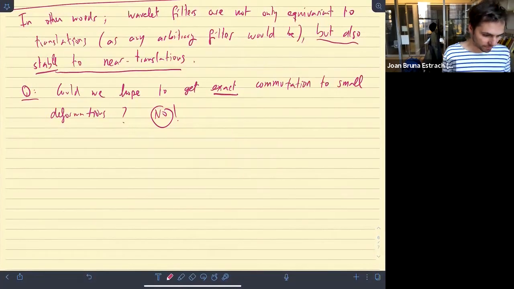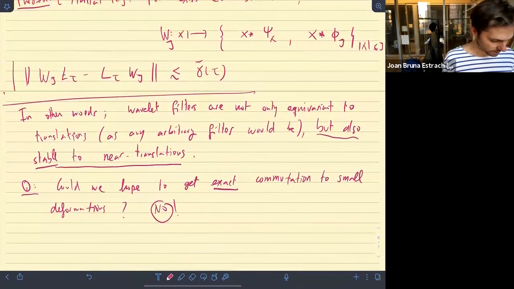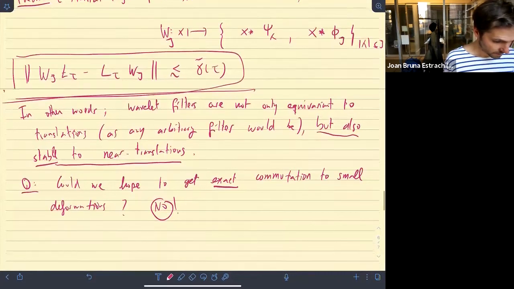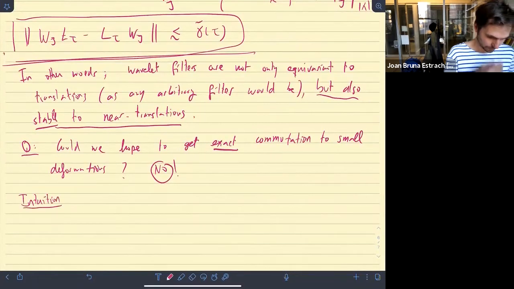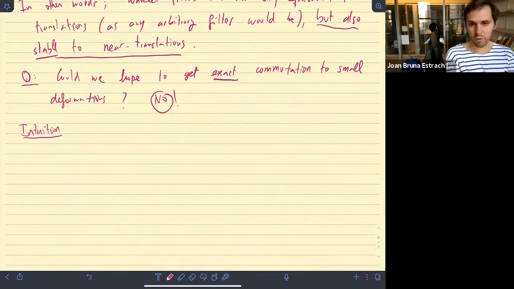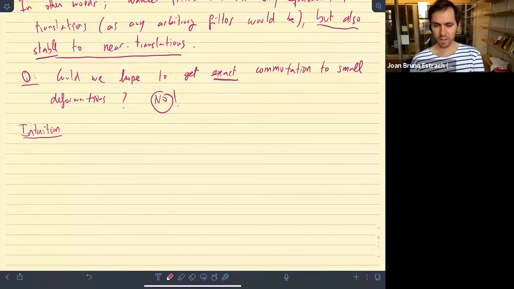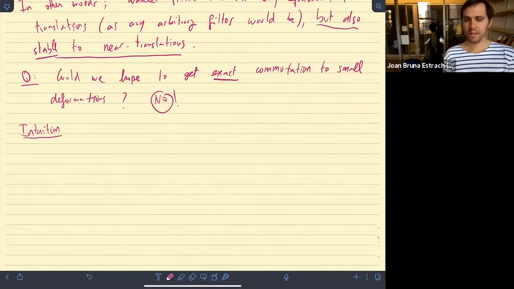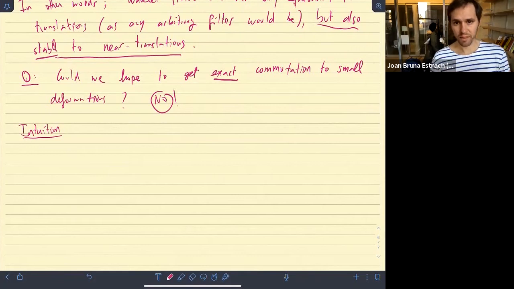Let me just give you the intuition why this result is true. It's really about understanding the main defining property of this wavelet convolution operator that we have introduced: it has a very particular trade-off between spatial localization and frequency localization.